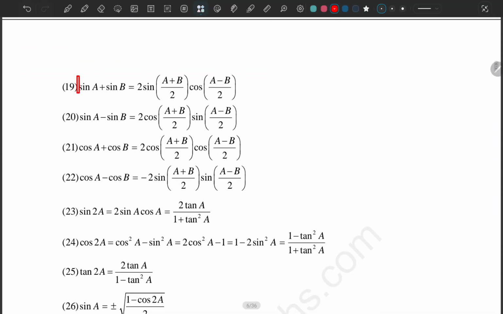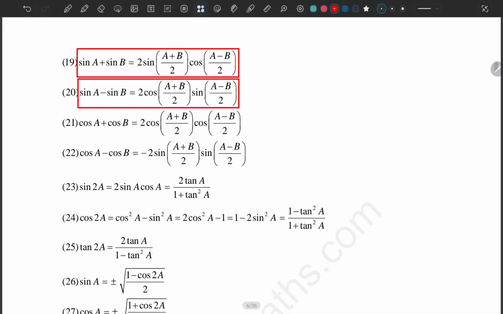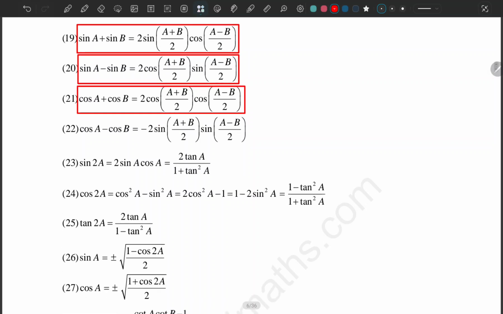Sine a plus sine b is 2 sine of a plus b over 2 times cosine of a minus b over 2. Sine of a minus sine of b is 2 times cosine of a plus b over 2 times sine of a minus b over 2. Cosine of a plus cosine of b equals 2 times cosine of a plus b over 2 times cosine of a minus b over 2.